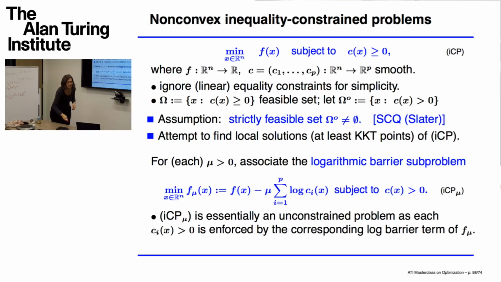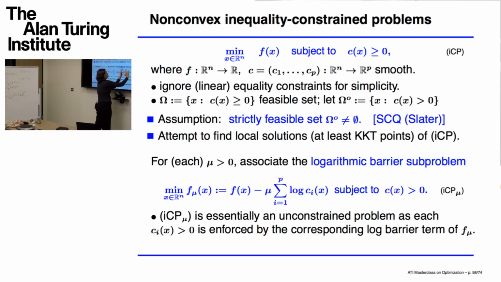So what I will do is each of my inequality constraints, I will put it in a log term. So I will associate to my original problem this problem: F of x minus mu times the sum of log of c_i, subject to c of x being positive.